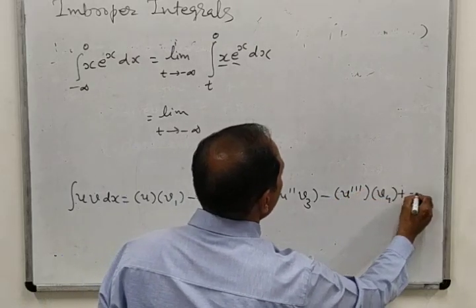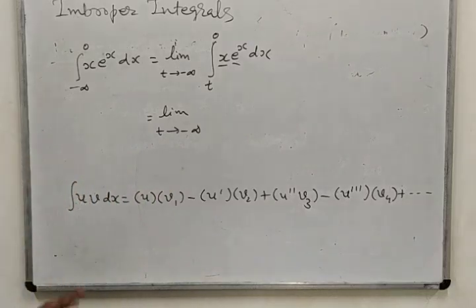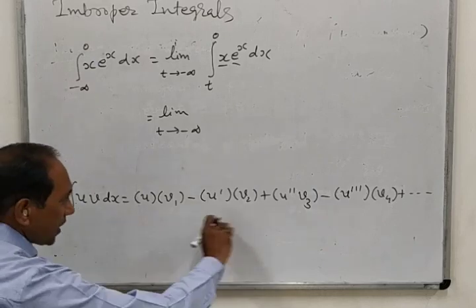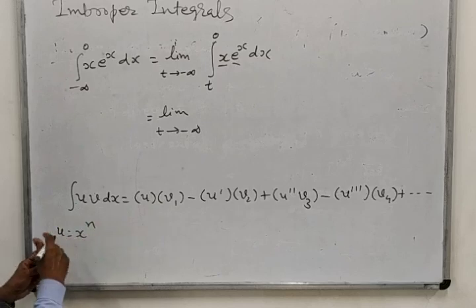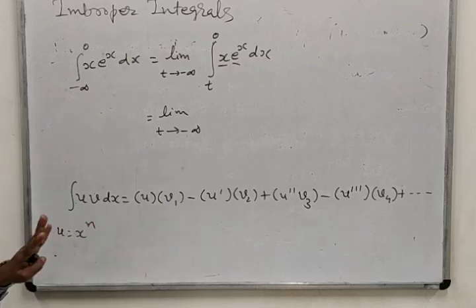This is a one-step integration, that is actually integration by parts. But this one-step integration is applicable only if u is x or x square or any power of x, that means u equal to x raised to n.